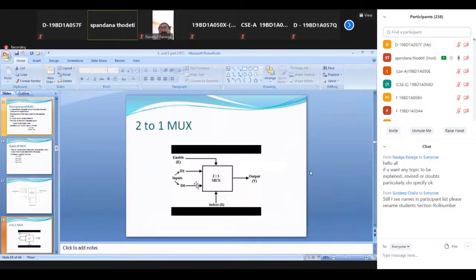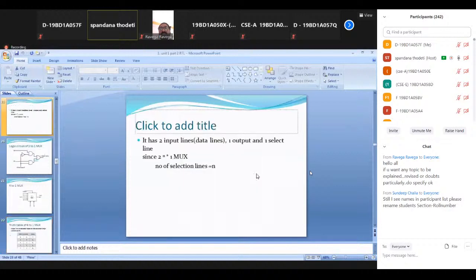A 2 by 1 multiplexer will have 2 input lines, and how many selection lines can you have? 2 you can write as 2 power 1. Whatever is there in the power value, those many selection lines you can have. So a single selection line will generate a single output line in the case of a 2 by 1 multiplexer.